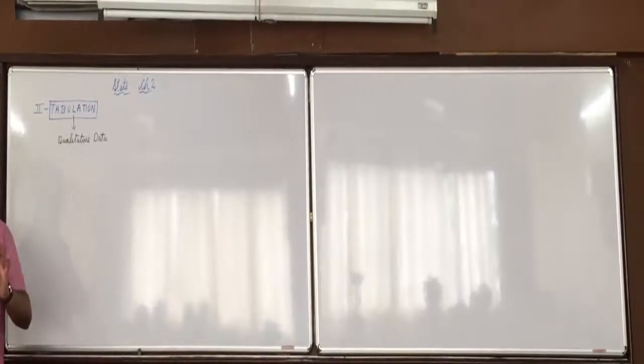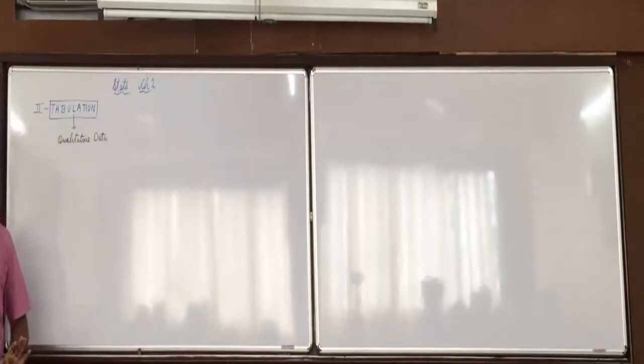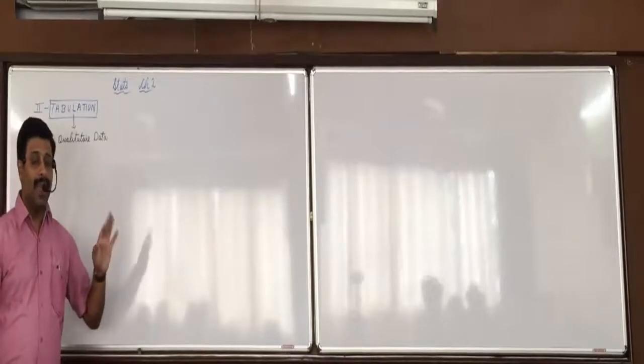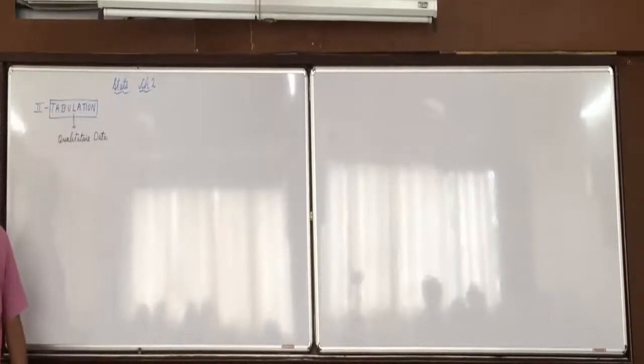So a table means the arrangement of data in the form of rows and columns. And the process of making that table is called tabulation.